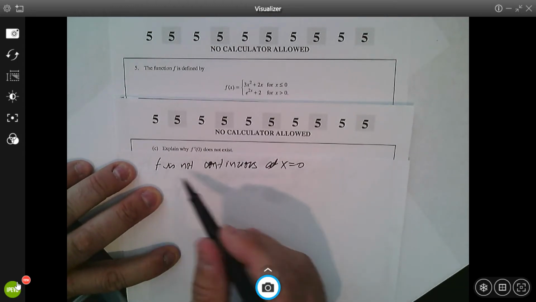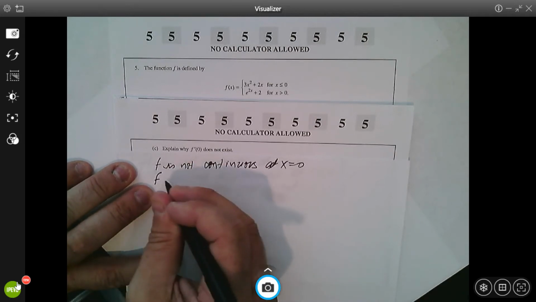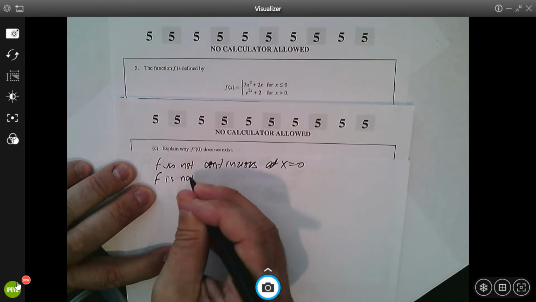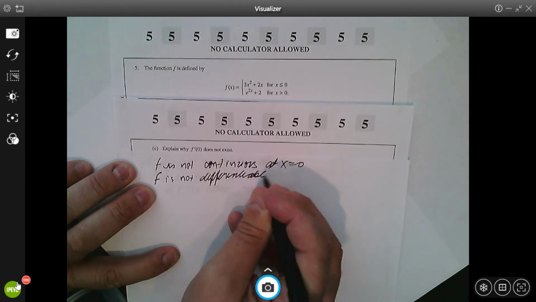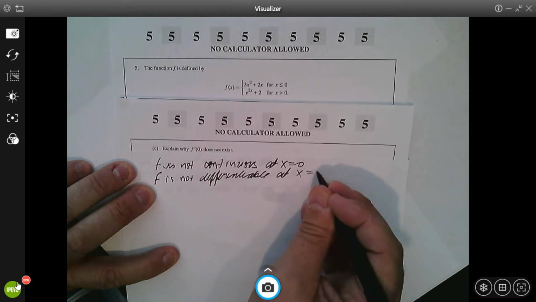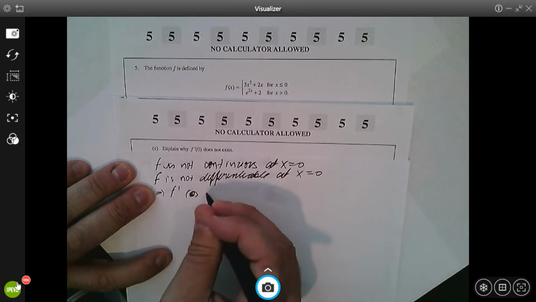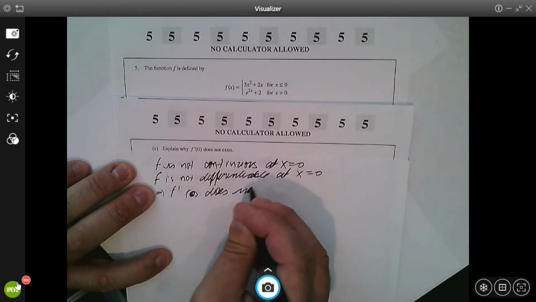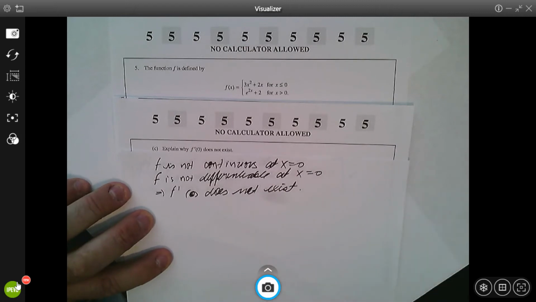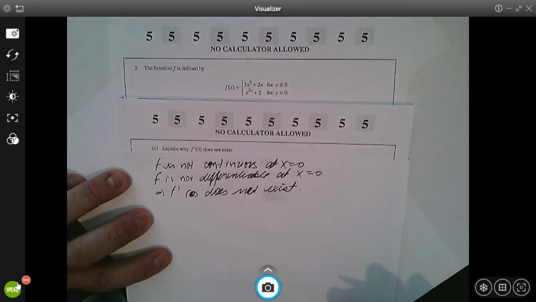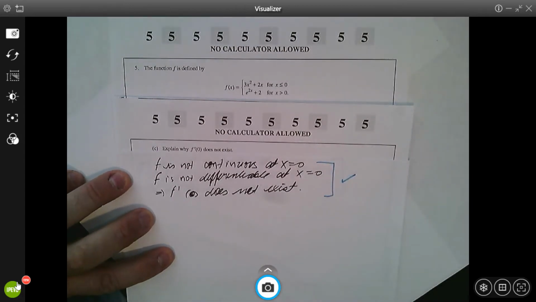And since the function is not continuous at x equals 0, this means that f is not differentiable at x equals 0, and that means that f prime of 0 does not exist. Done. Now, this is only worth 1 point, so your explanation gets you the 1 point.